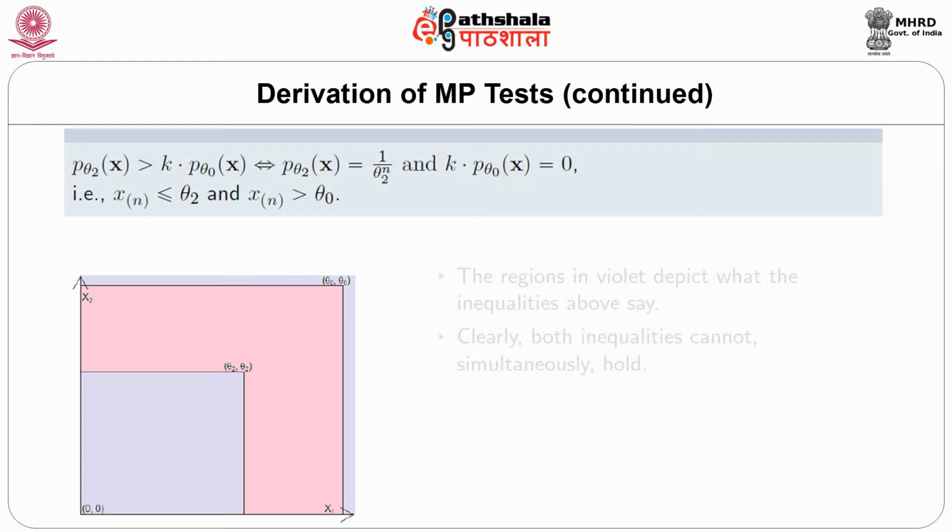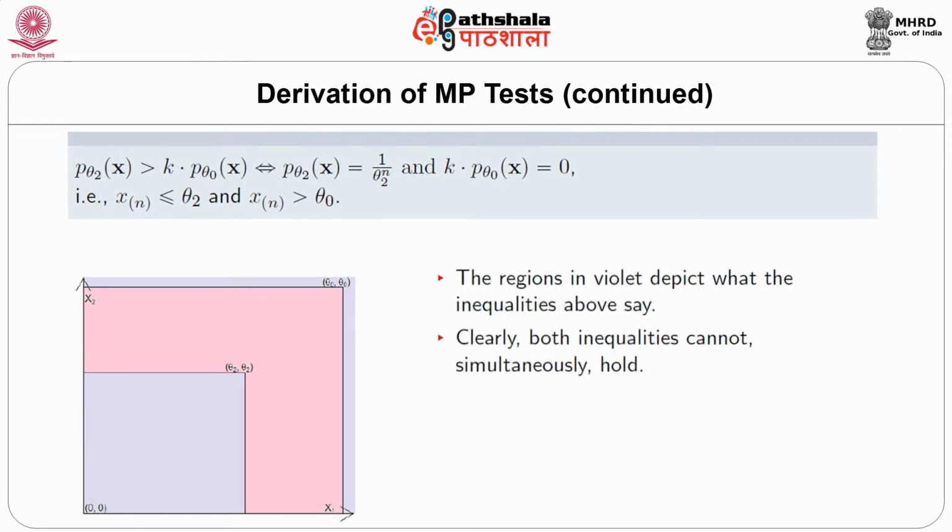But you see, theta 2 is less than theta naught. So, x order n cannot be simultaneously less than theta 2 and greater than theta naught. So, you see the regions, and both inequalities cannot simultaneously hold.